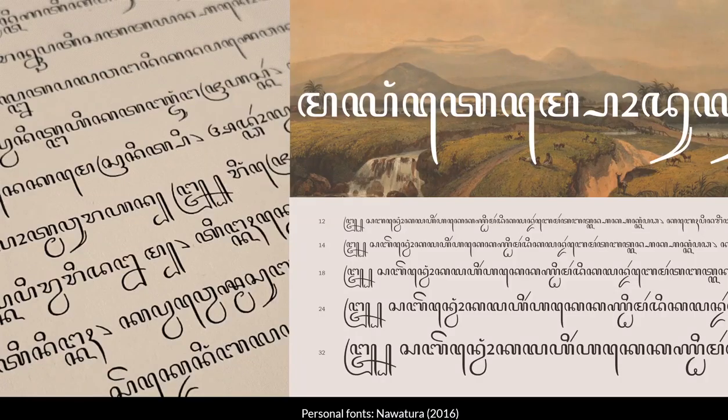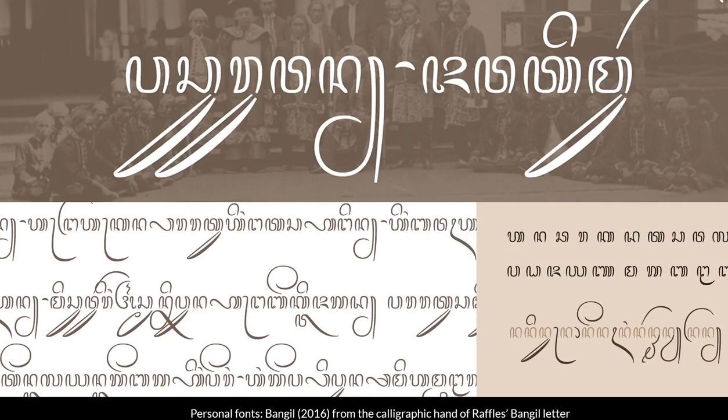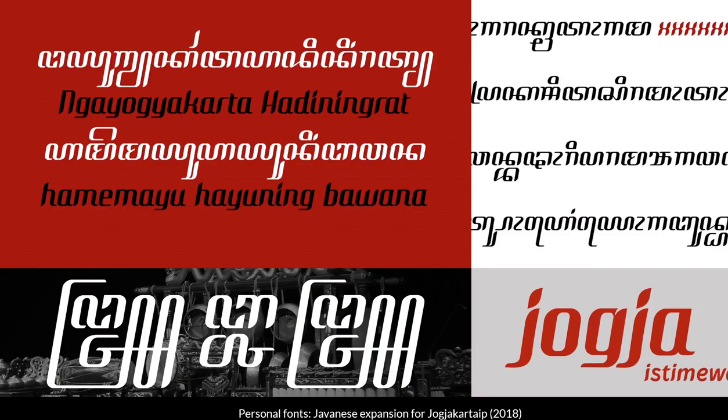Other than one-shot logotypes, I also made fonts and give them to communities or interested parties as time permits. One of my earliest fonts is this Nawatura, and then there's Bangil, which adapted a style used in the letter from the region of Bangil to send to Thomas Stamford Raffles in 1816. This is Yogyakarta.